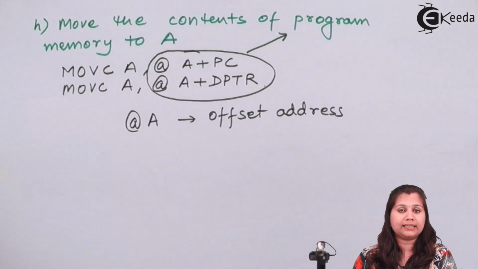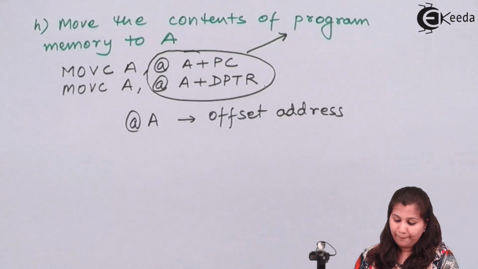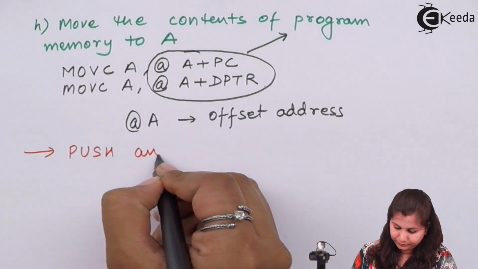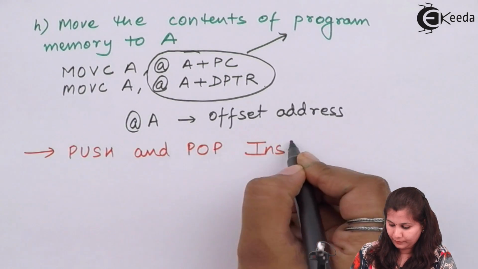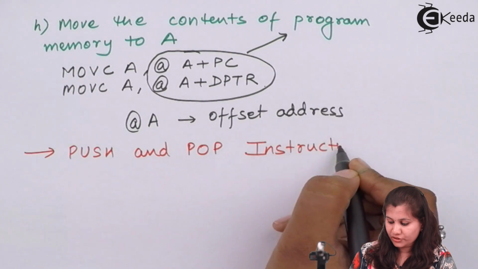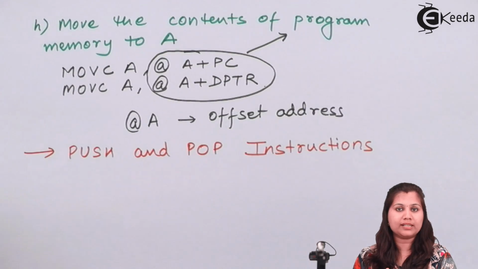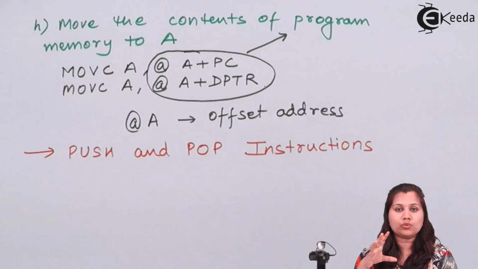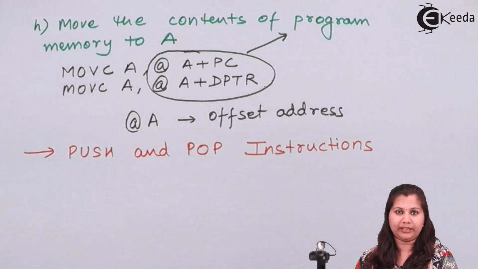Next instructions under this data transfer instructions category were the push and pop instructions. Now these two instructions are related to the stack. Stack is a block of memory locations which is used for temporary storage of data.